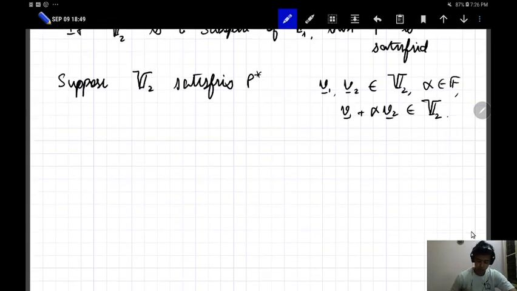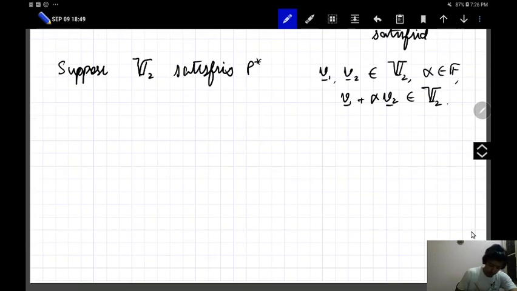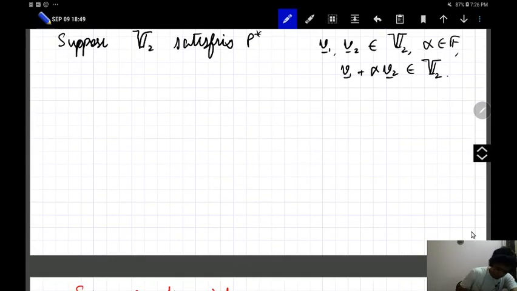Right? So suppose that this is satisfied, then is capital V2 a vector space? So firstly, this obviously implies that it is closed under addition and scalar multiplication.